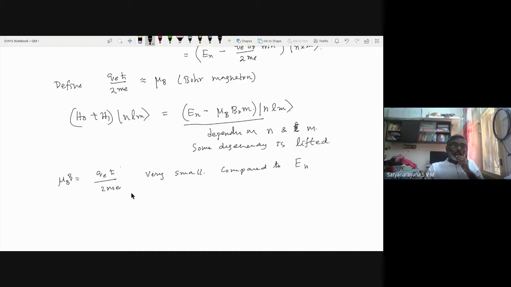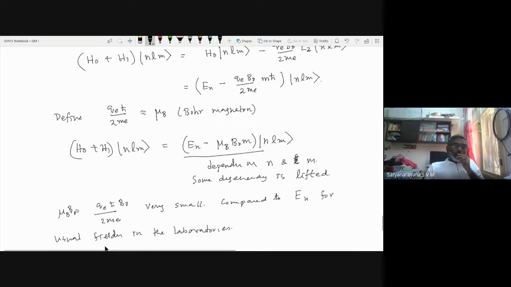So this is very small compared to En, per usual fields in the laboratory, and hence only for very high fields do you observe this splitting taking place.